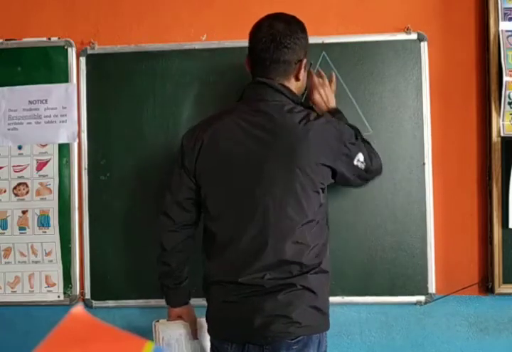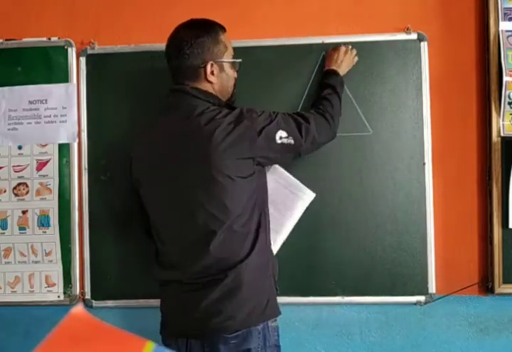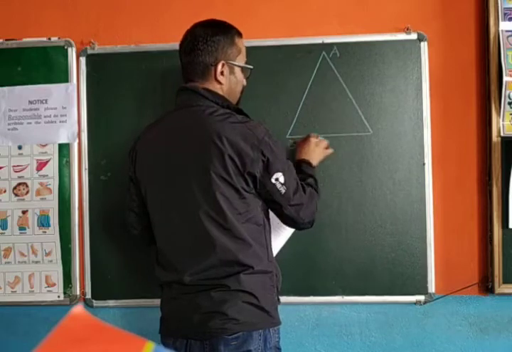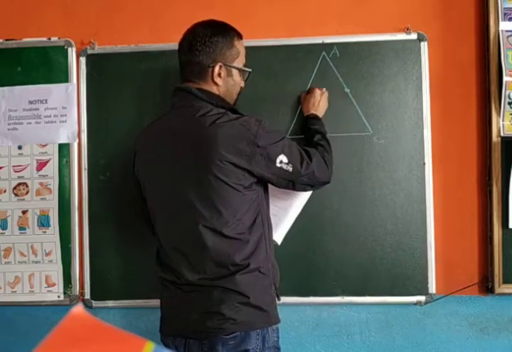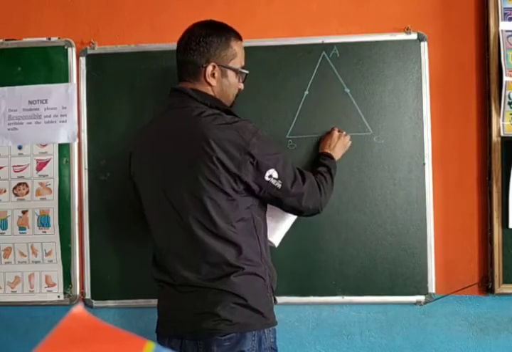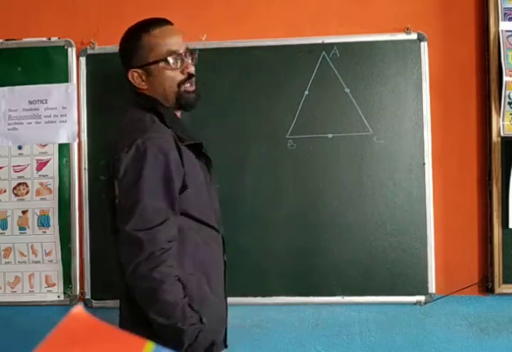Triangle ABC, E, F and D are the midpoints.